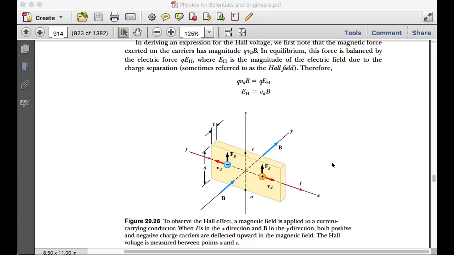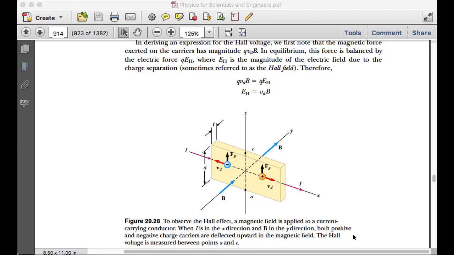As we've seen before, we have discussed the current. For example, the current flows through the wire, and then we discussed how it bends in a magnetic field.